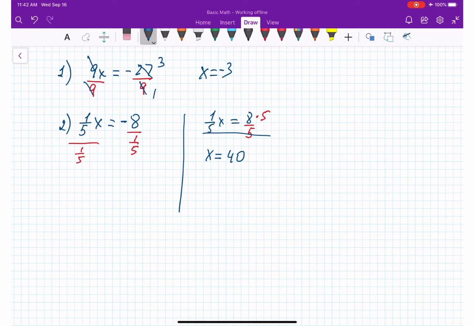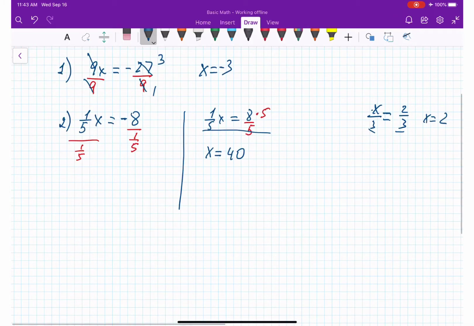Let me explain why you are dropping so you won't forget. Let's say if I have x over 3 is equal to 2 over 3. How much will be my x here? To have this equation valid, the bottom is 3, so that means x has to be 2, right?